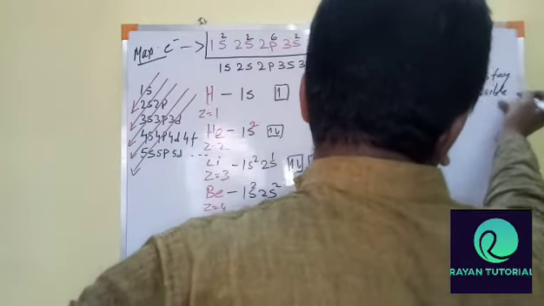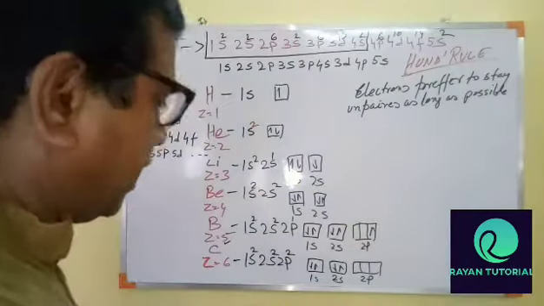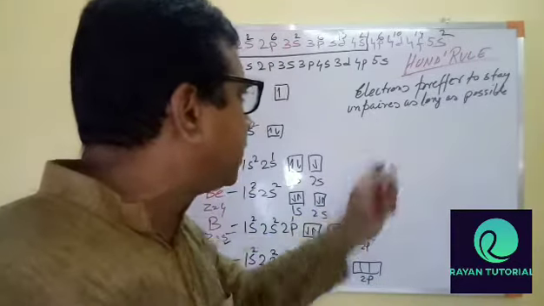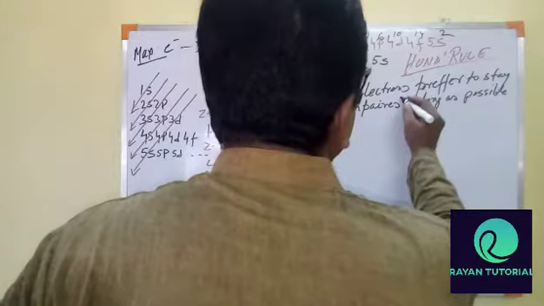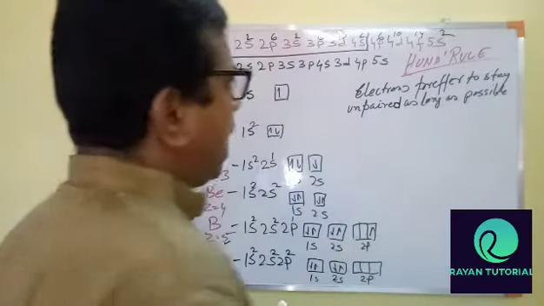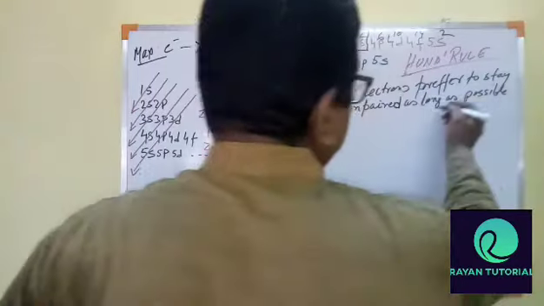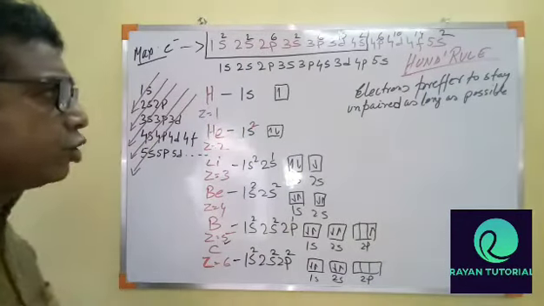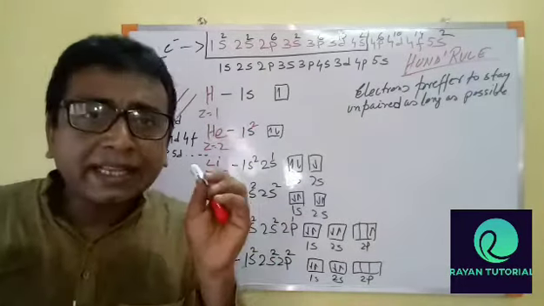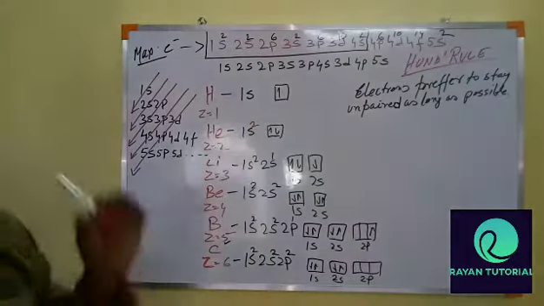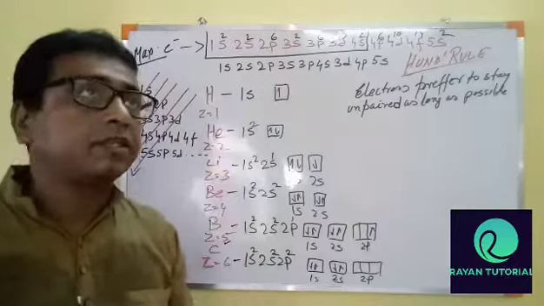I think in the book it is written electrons prefer to remain unpaired as far as possible. I think maybe I am wrong here. Always try to give the exact language of the book, okay, especially for the rules, for the principles.